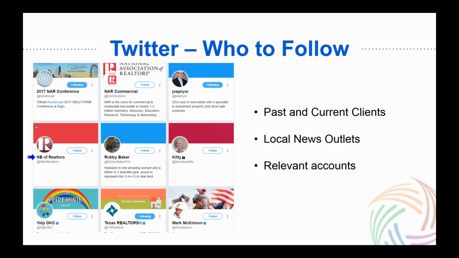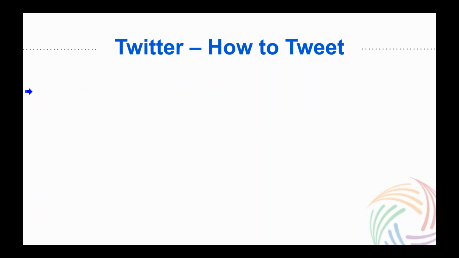Also, it's good to follow relevant accounts. So this is websites and profiles that you believe are relevant to what you do and will be good content that you can retweet for your past and current clients who follow you. And again, we'll go more into that later on in the webinar.